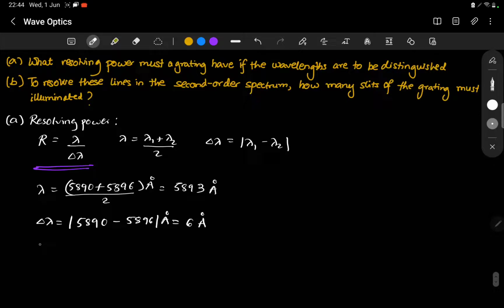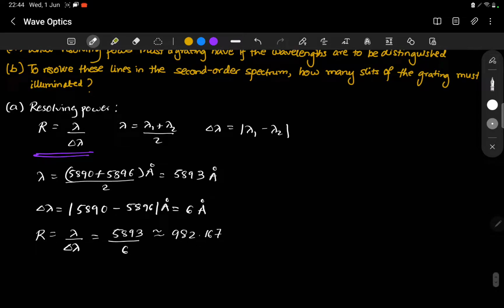So resolving power in our case is lambda over delta lambda, which is 5893 over 6. Plugging this in the calculator, we get approximately 982.167.